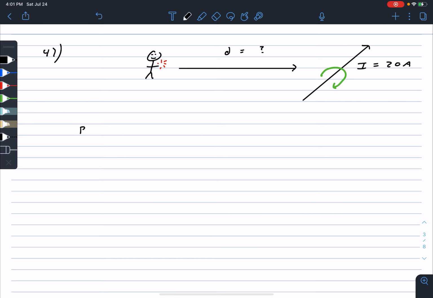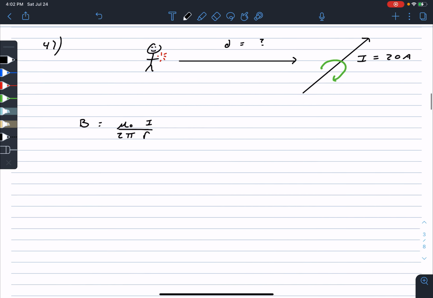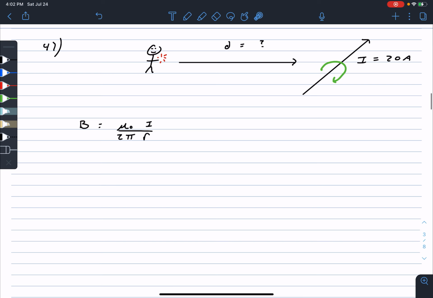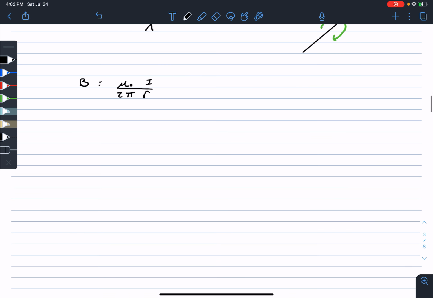So let's use the B field for a current carrying wire. Mu naught, magnetic permeability of space, times the current over 2 pi times the distance between the current and the interaction, right? All we have to do is rearrange this and plug in what we know.